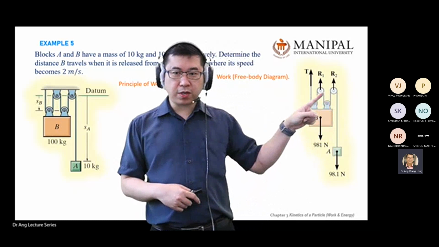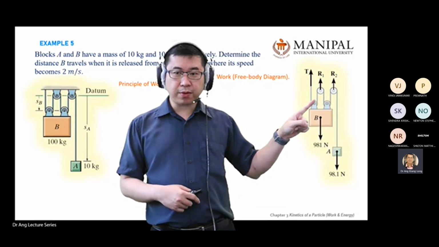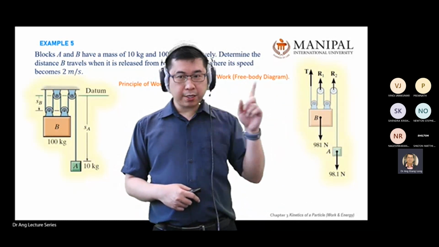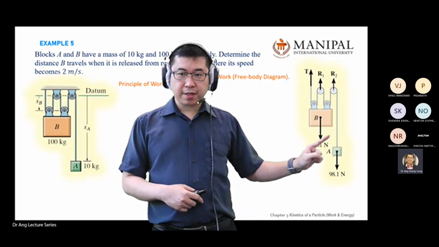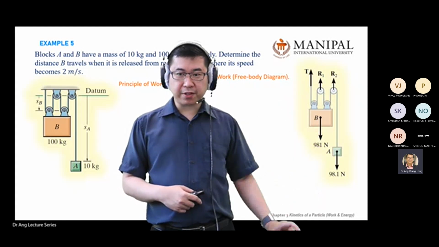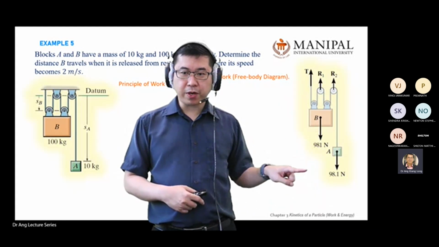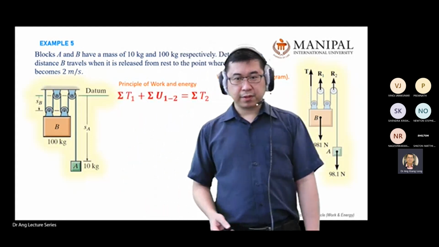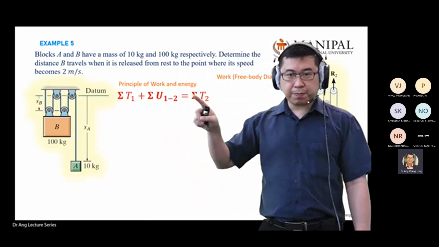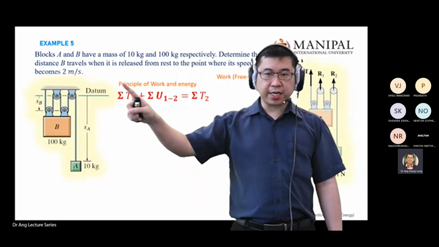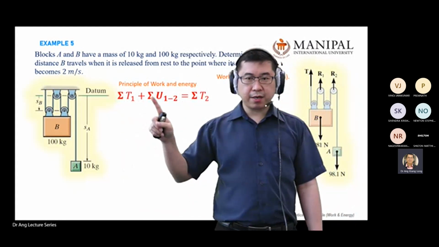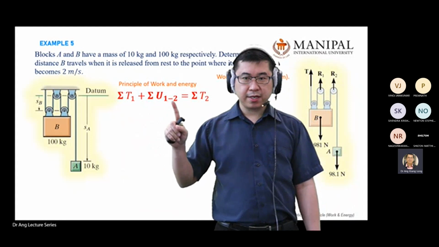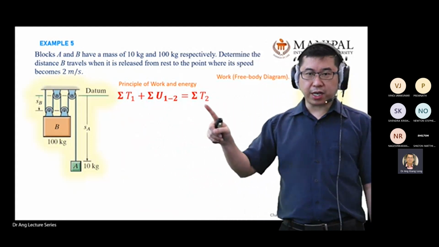So this one no work, but tension has some distance moving. So this one has work. This one, weight going down, has displacement, so has work. This one also has work. Write the principle of work and energy equation. Kinetic energy T1 plus work done equals kinetic energy at point 2.